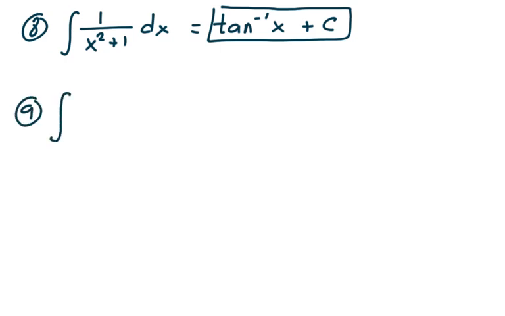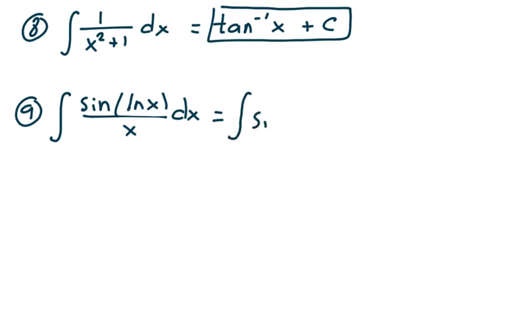Suppose we have the integral of sine of natural log of x divided by x dx. So I'm going to show you something, and maybe this will be helpful, but we'll see.